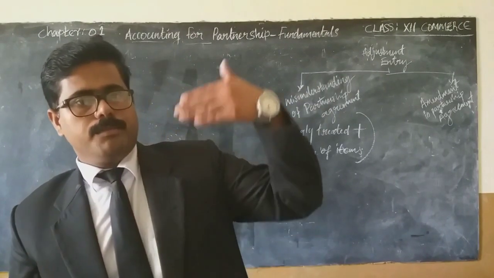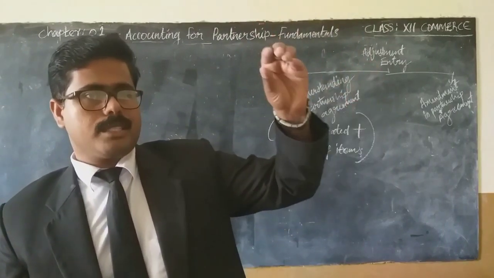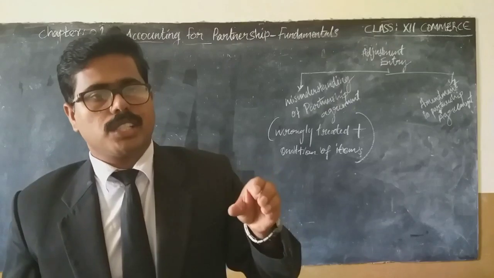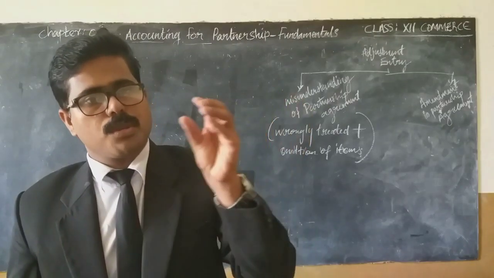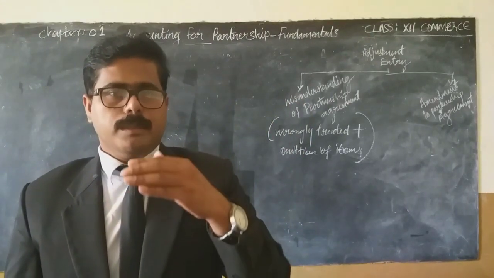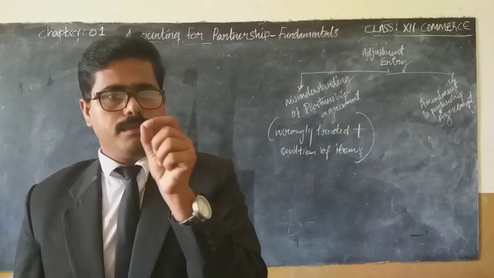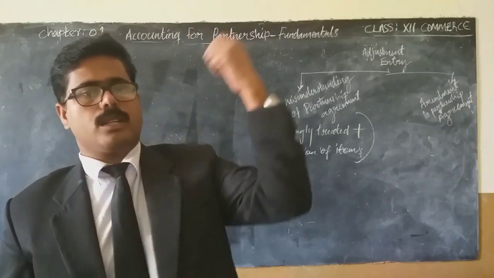That means for the last five years, from the beginning after starting the organization, they shared profit in 3:2:1 ratio only, but now they are going to implement 1:1:1 ratio with retrospective effect.